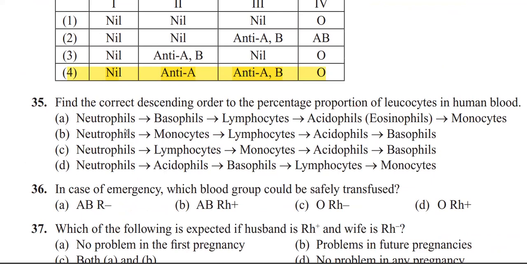Neutrophils 60 to 65, monocytes 6 to 8, lymphocytes 20 to 25, which is also not correct. Neutrophils 60 to 65, yes. Lymphocytes 20 to 25, monocytes 6 to 8, acidophils or eosinophils 2 to 3%, basophils 0.5 to 1. Therefore, the correct option is C.